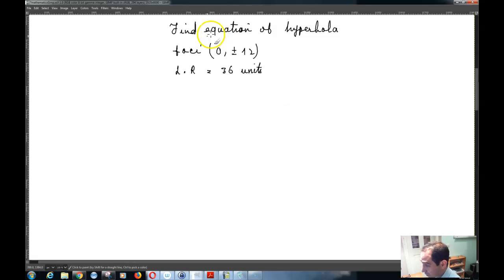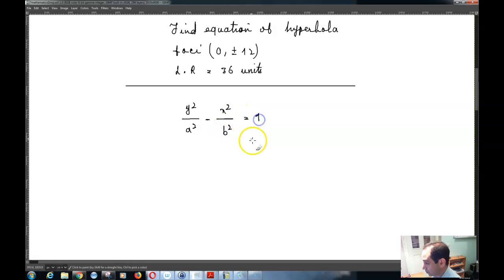Okay, so you see that your foci are along the y-axis. So that means that you want to use this equation y squared by a squared minus x squared by b squared is equal to 1.